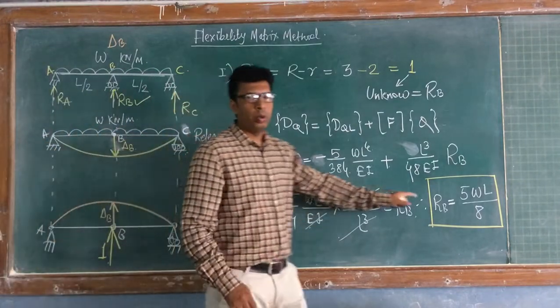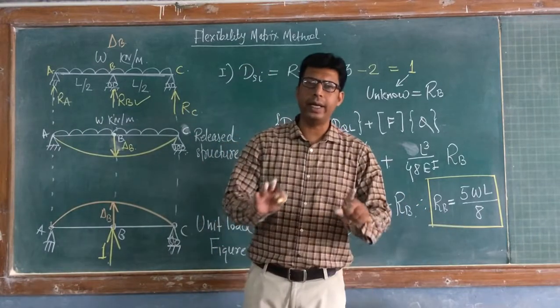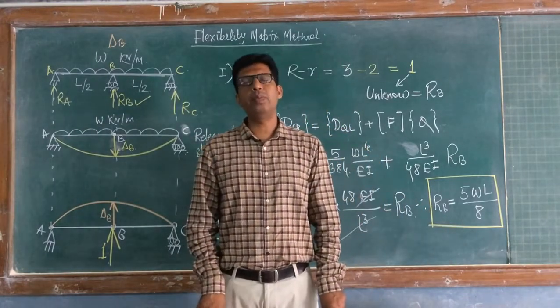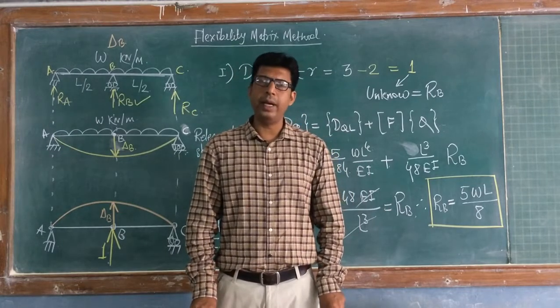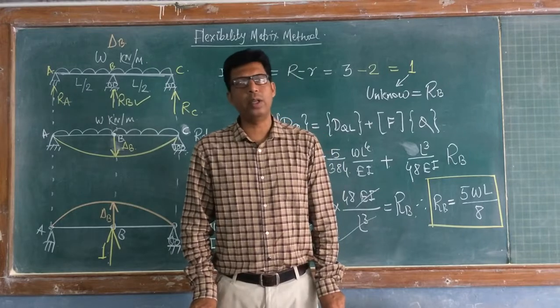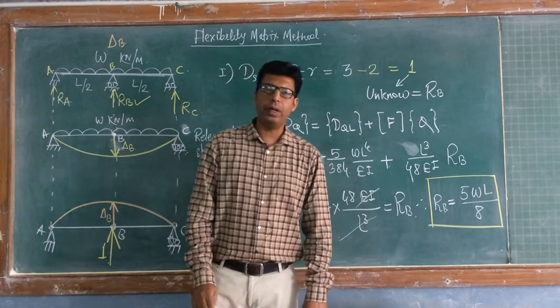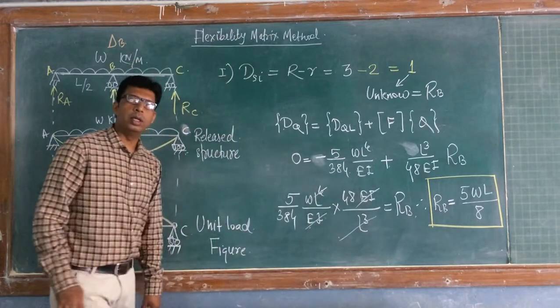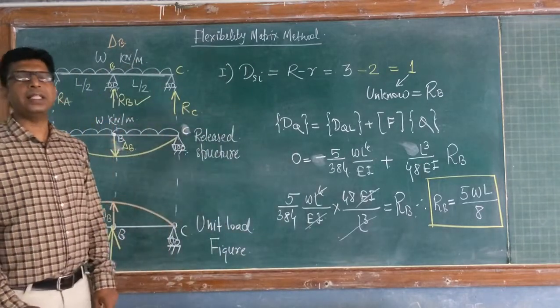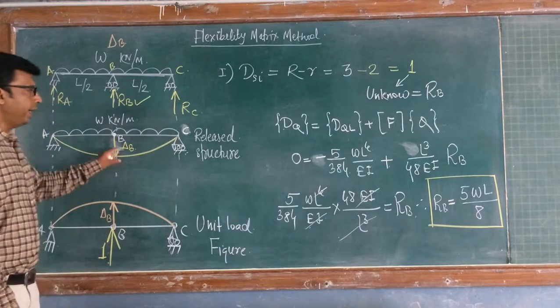Like this, the remaining two reactions you will calculate if you know the one reaction. Once you get all the reactions, it's very simple to plot the shear force diagram and bending moment diagram using our SFD BMD concept from strength of materials. So this is the brief idea about the solution procedure for the flexibility matrix method.